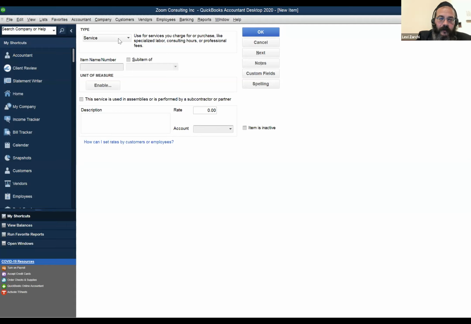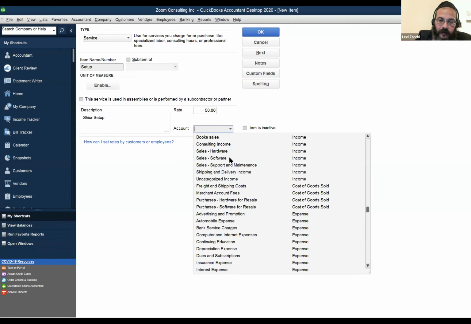So someone had a service, we'll call it setup, and we're charging $50 for shear setup. And this is the new item. What account is it? This is not going to be sales of hardware. It's not going to be software.